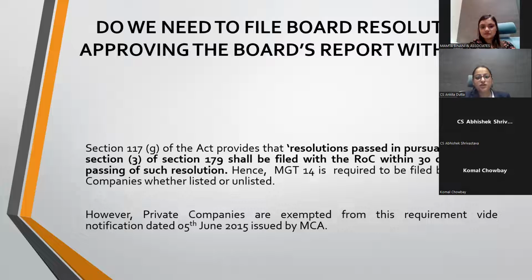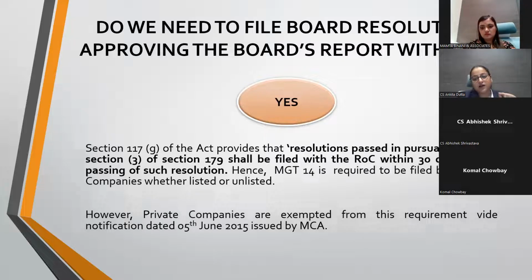Next is, do we need to file the board resolution approving the board's report with ROC? Yes. I have personally seen that due to non-filing of a single form, MGT 14, companies have faced rejection letters from the ROC-RD office for certain corporate actions, like conversion of a public company into a private company.